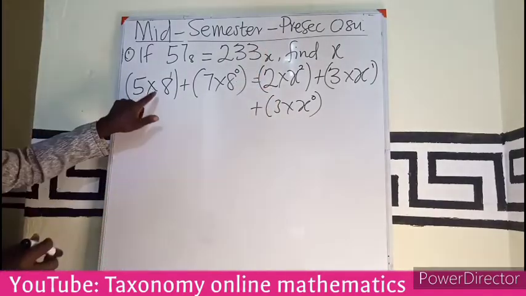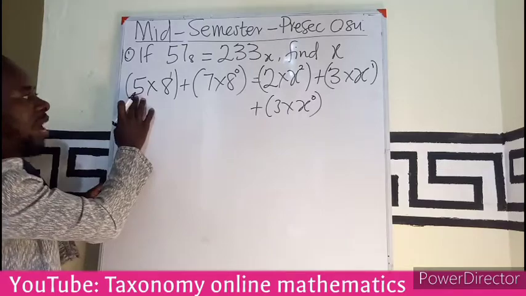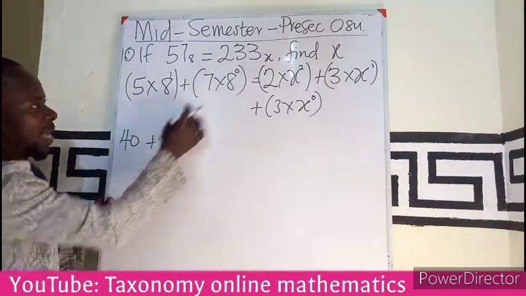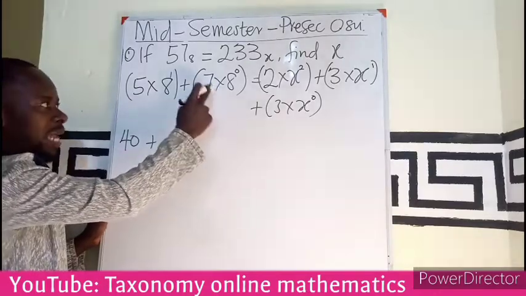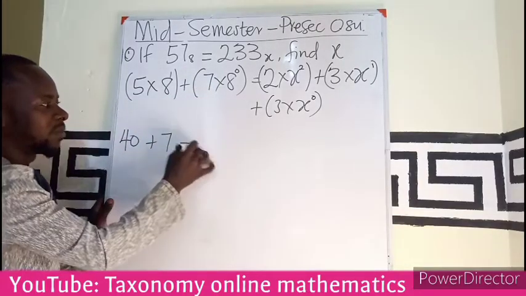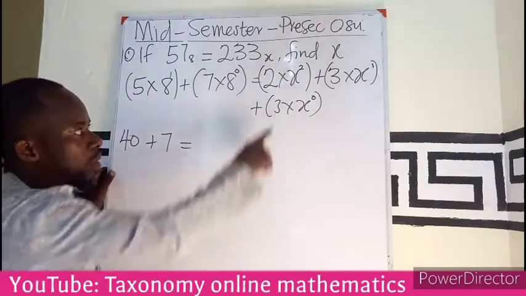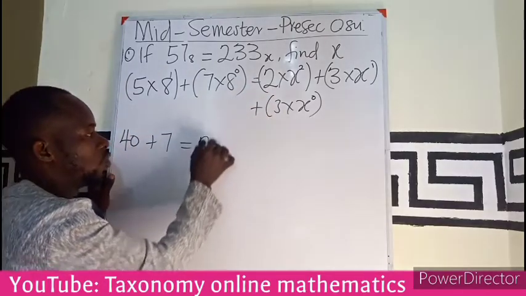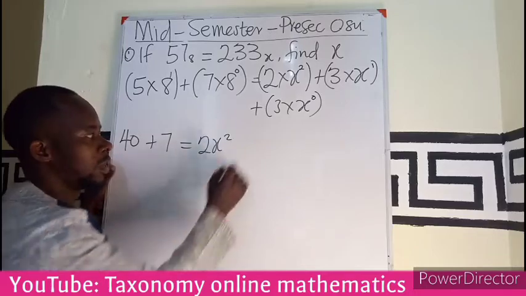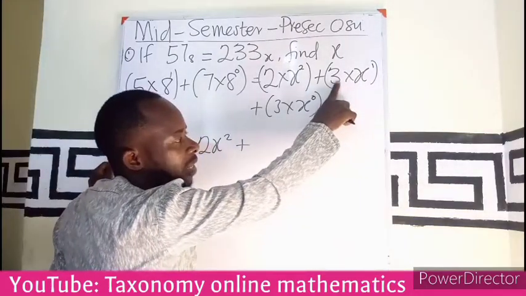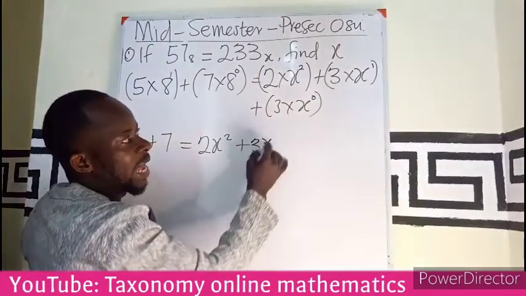Alright, so here we are going to have 5 times 8 to give us 40, plus this is taken as 1, so 1 times 7 will give us 7. Then this is x exponent 2 multiplying 2. That will give us 2x squared, plus this is just x multiplying 3 to give us 3x.